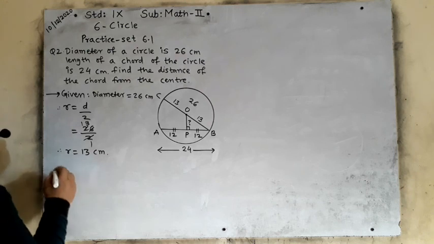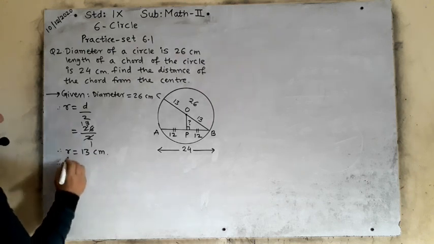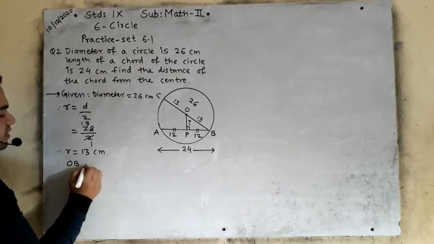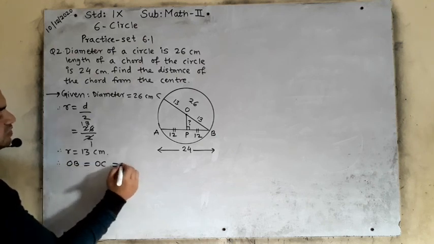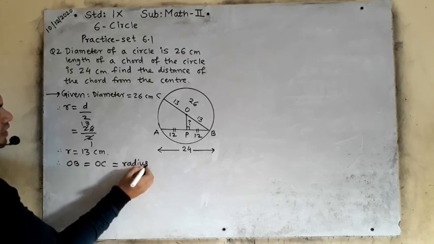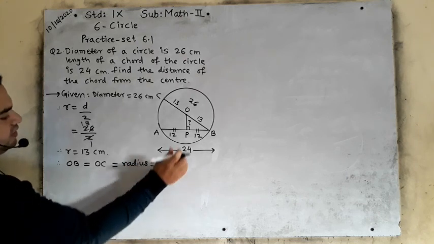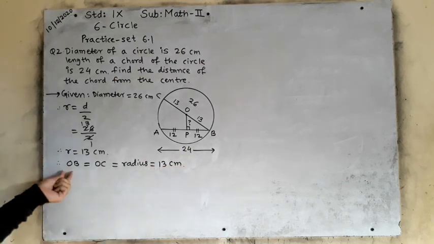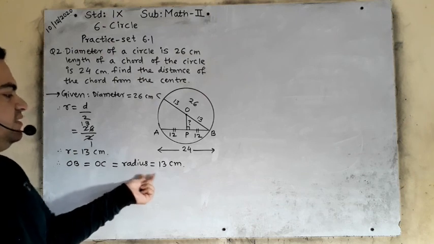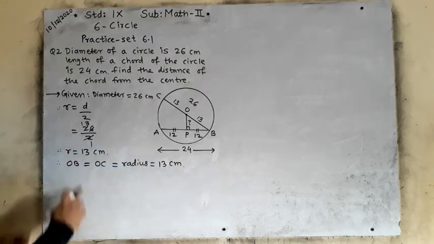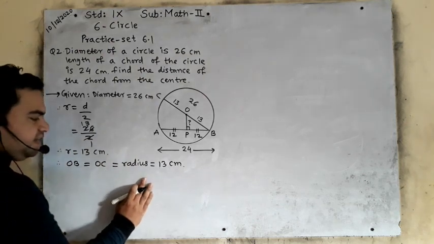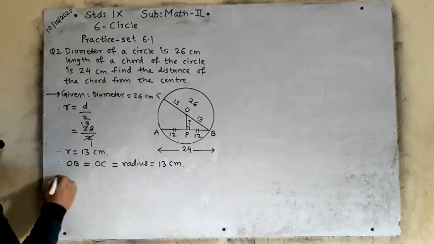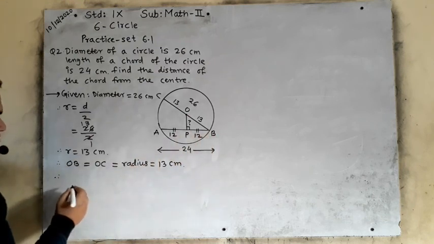So here we know in the circle OB is equal to OC is equal to the radius, which is equal to 13 centimeters. OB and OC are the radii of the same circle, and they are 13 centimeters. Now we can say, see, PB. We utilize PB here.